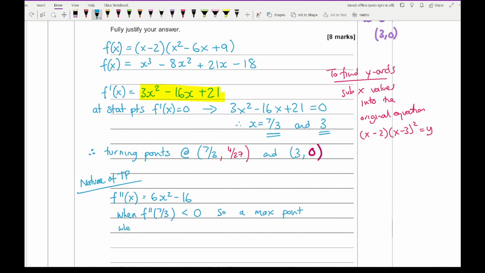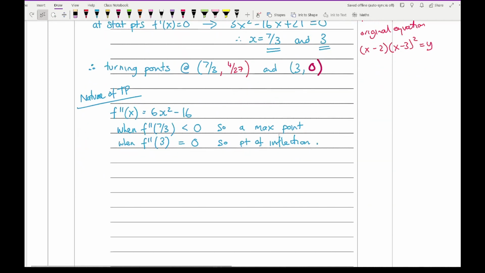And when f double dash of x at 3, there it's greater than 0, so a minimum point.